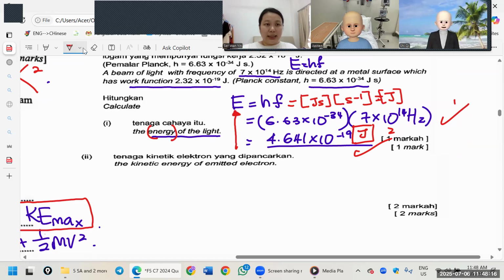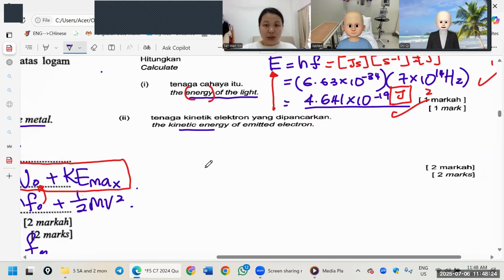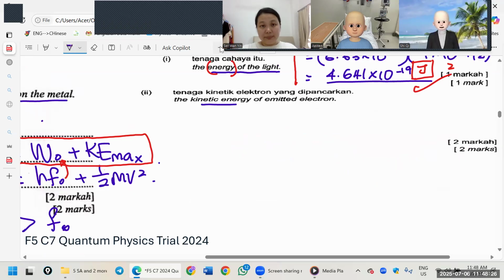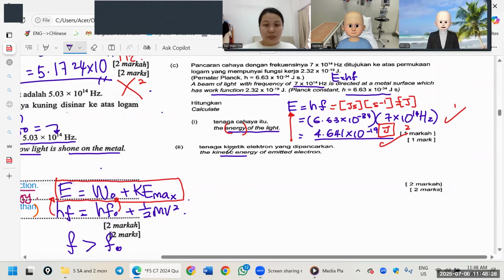Now, kinetic energy. So let's recall. There are two ways to get kinetic energy. Number one, kinetic energy is half mv squared. Do we have any information about mass? Nope.